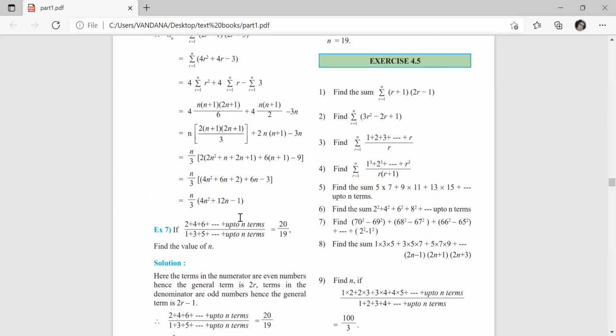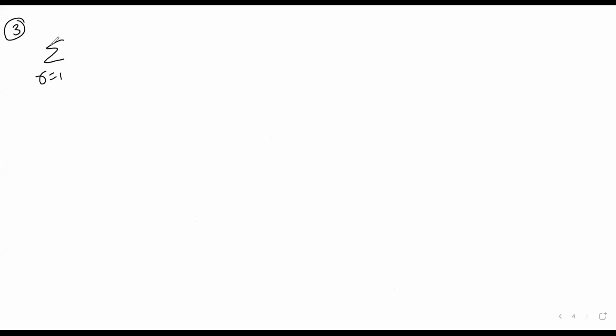Now question number 3. That is find summation r runs from 1 to n, 1 plus 2 plus 3 plus so on up to r upon r. This is summation r runs from 1 to n.